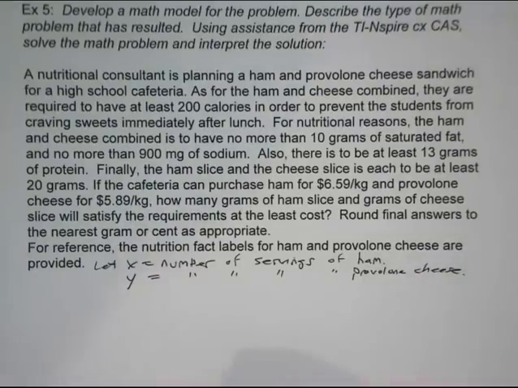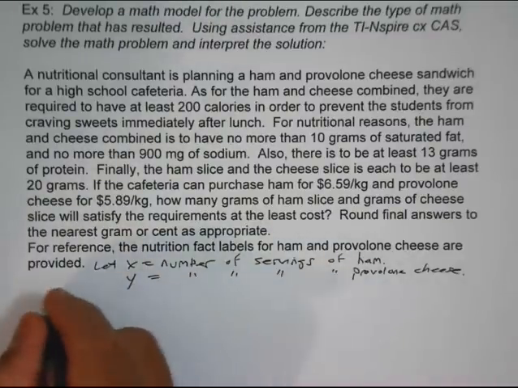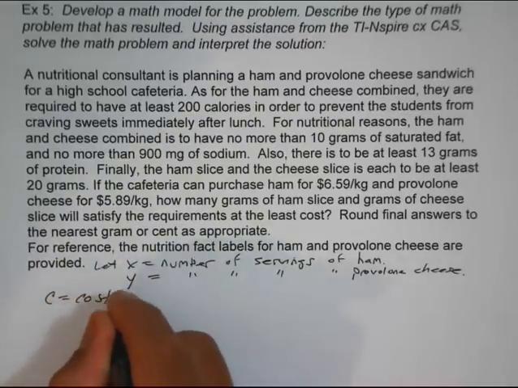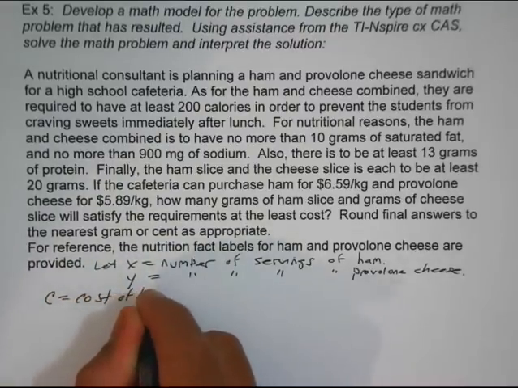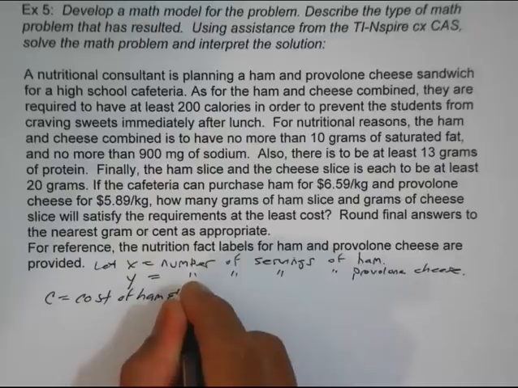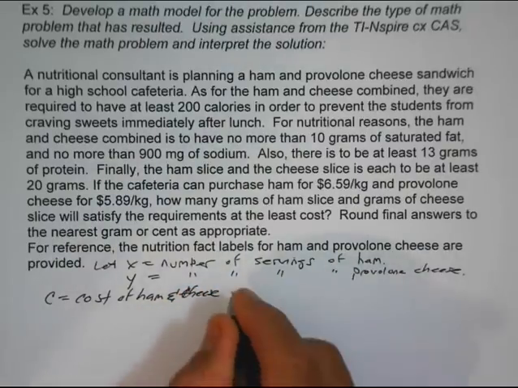The key quantity here is that cost, which we're trying to minimize. So we furthermore let c equal the cost of ham and cheese, to be a little more specific.